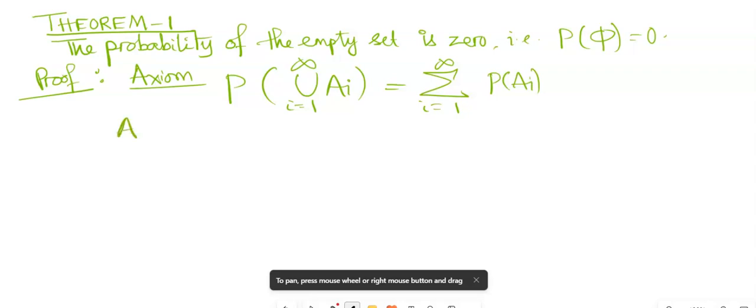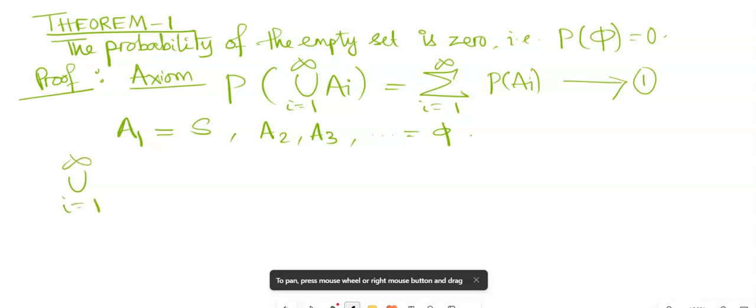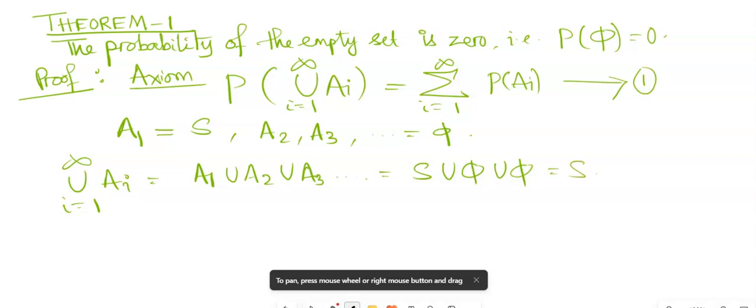Assume that my first event A1 is the entire sample space S and the rest, A2, A3, and so on, are all null sets. Substituting in this axiom, call it equation 1, the union of A_i from 1 to infinity is A1 union A2 union A3 and so on. So you have S union phi, which is ultimately S.